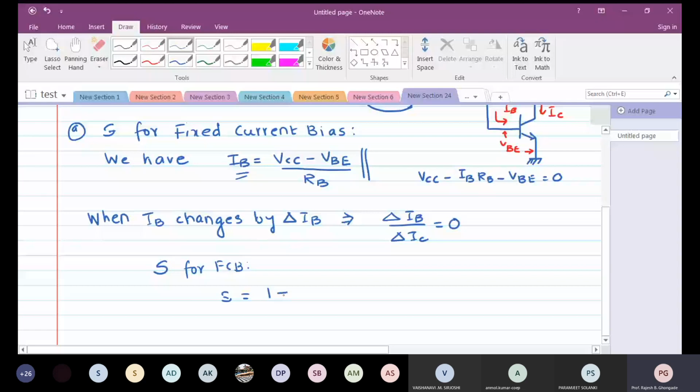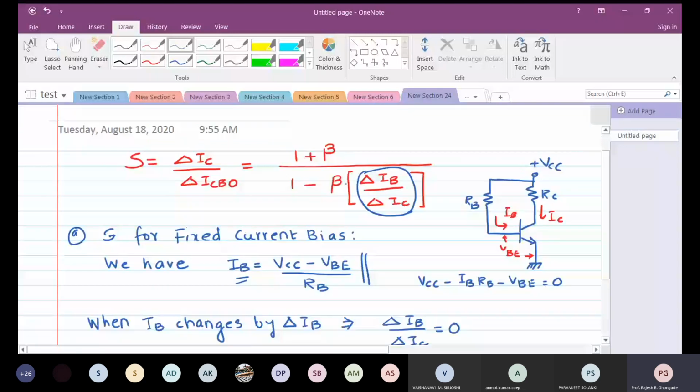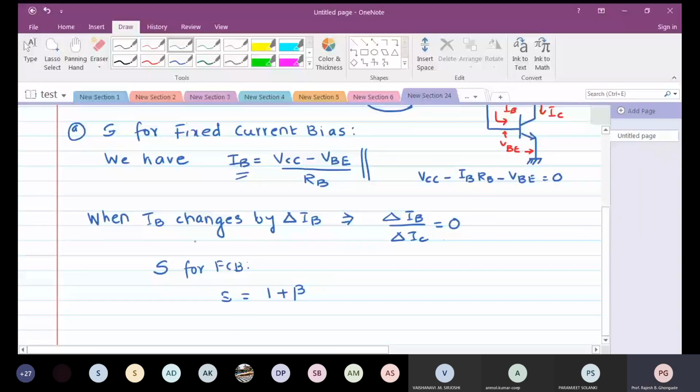Remember that this term is going to be 0, so beta into 0 is 0. So it is 1 plus beta by 1, that is 1 plus beta. So we have derived the equation for stability factor for a particular circuit, which is the fixed current bias. This is very, very important.